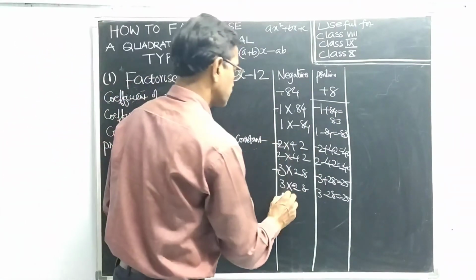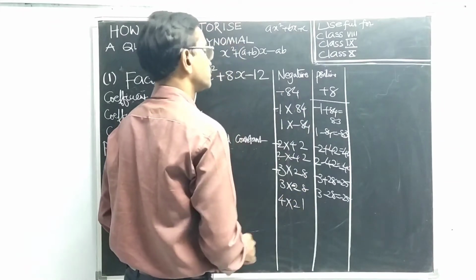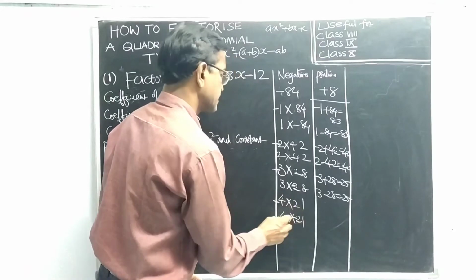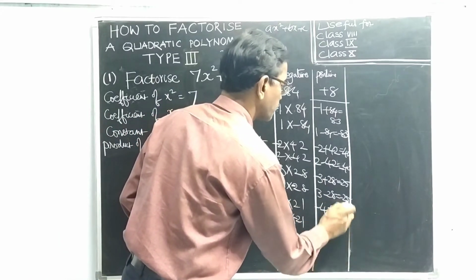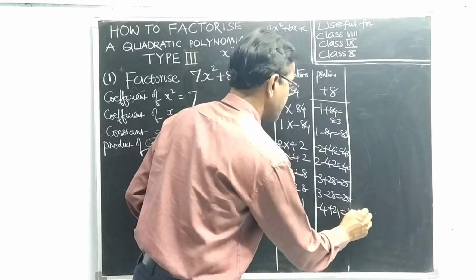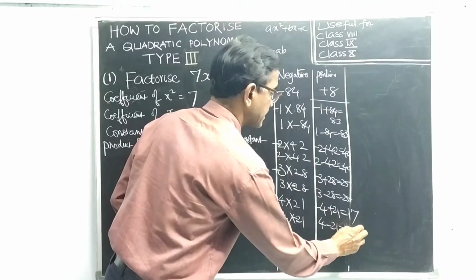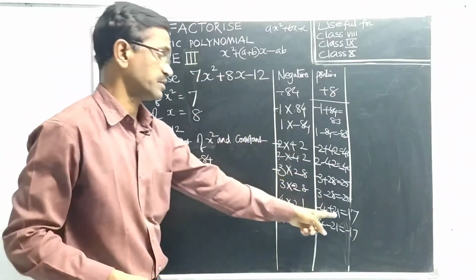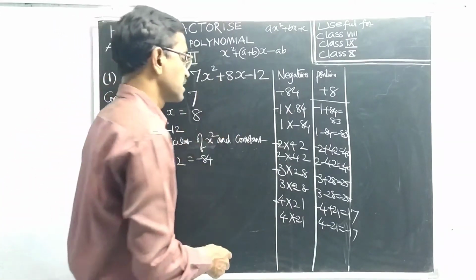Next 4 table, 4 2s are 8, 4 1s are 4, 2 times, minus minus. Minus 4 plus 21 is equal to 17. 4 minus 21 is equal to minus 17, but we should get 8. If 17 is there, you have to take these two numbers to split the x.